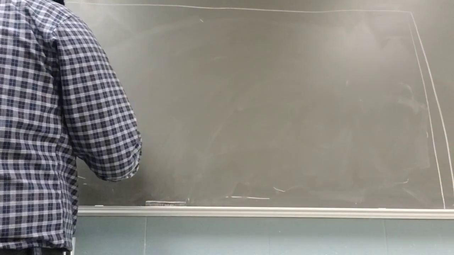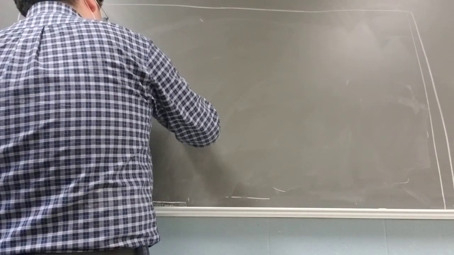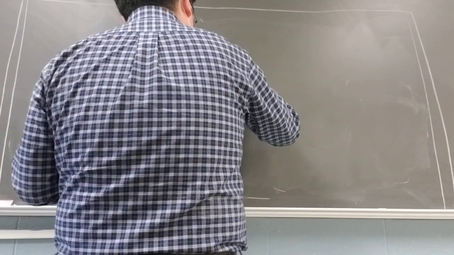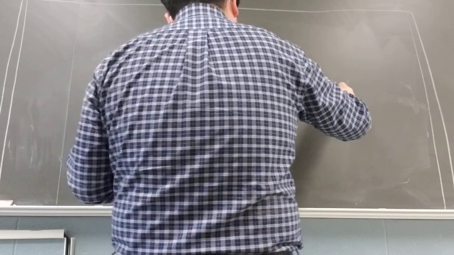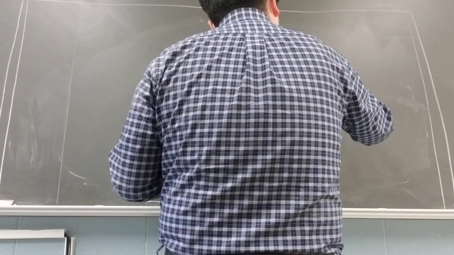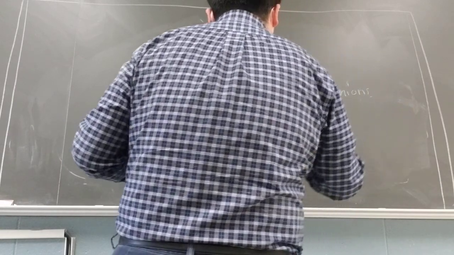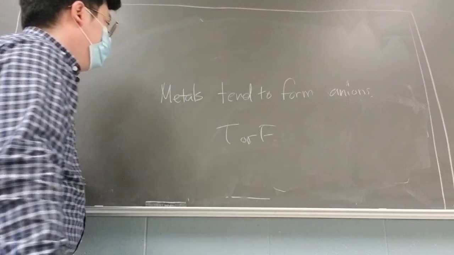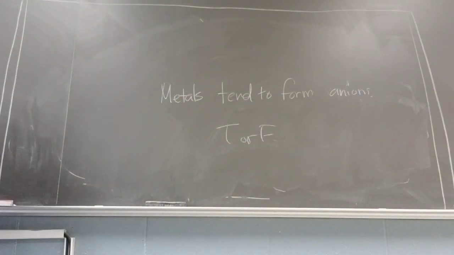Anyway, okay, here's the thing. Metals tend to form cation. Anion. Okay. True or false? So metals want to be anions.